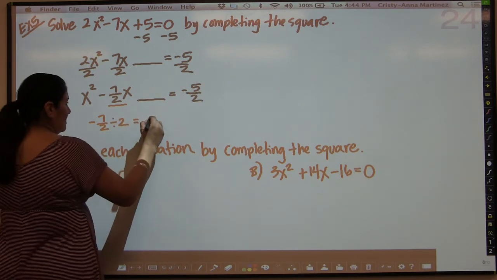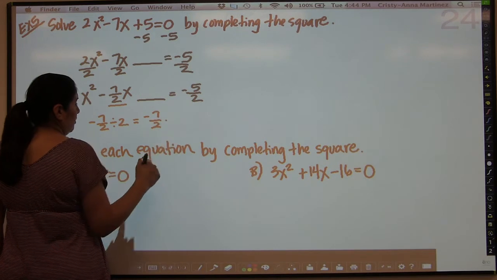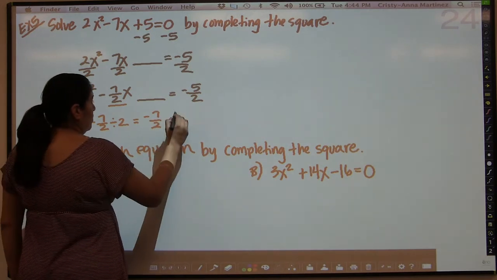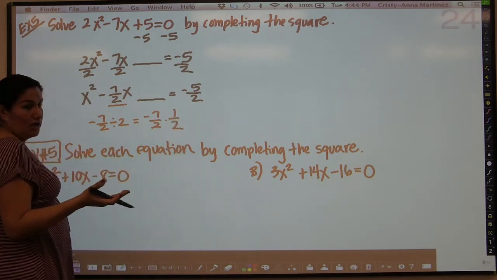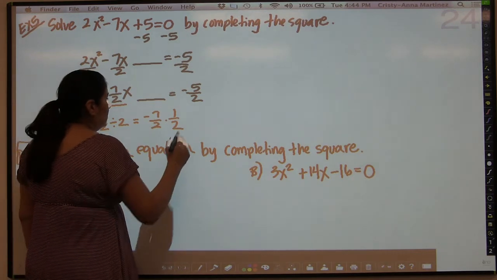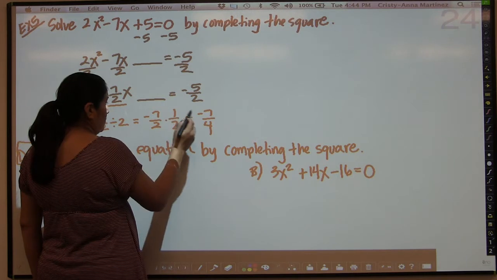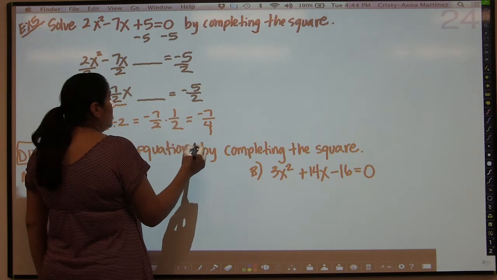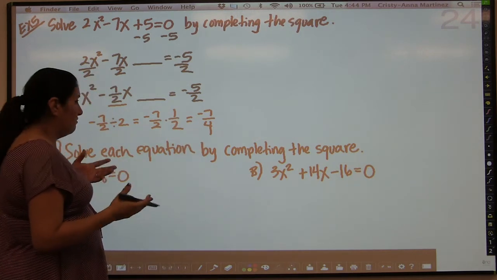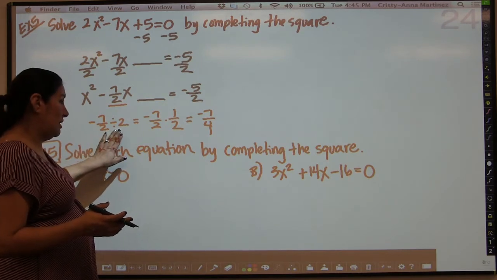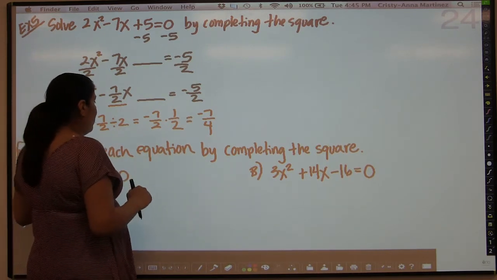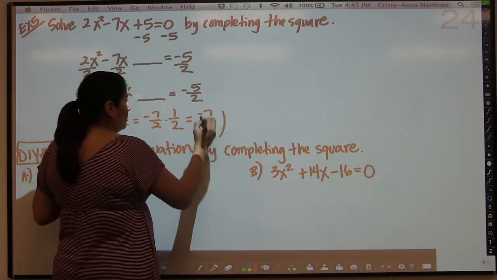Well, that's the same thing as negative 7 halves times the reciprocal of 2, which is 1 half. So I'm just showing you how to deal with fractions when you get them. Okay, so now this becomes negative 7 over 4, because negative 7 times 1 is negative 7, 2 times 2 is 4. So it's kind of more complicated when you have a fraction divided by a number. But at the end of the day, dividing by 2 results in negative 7 over 4.